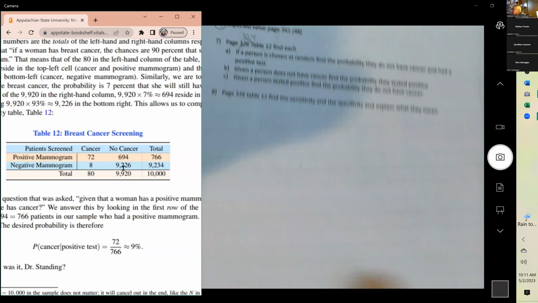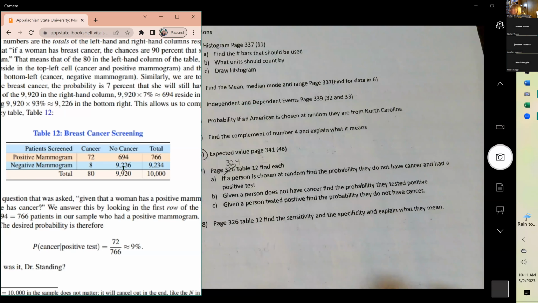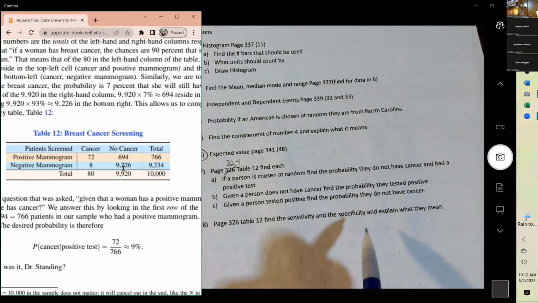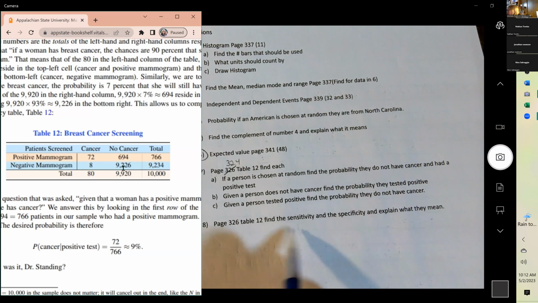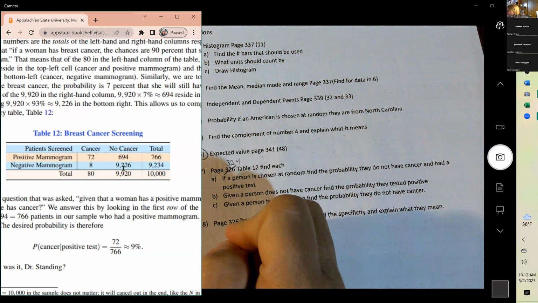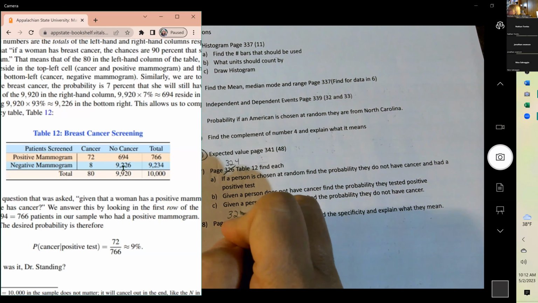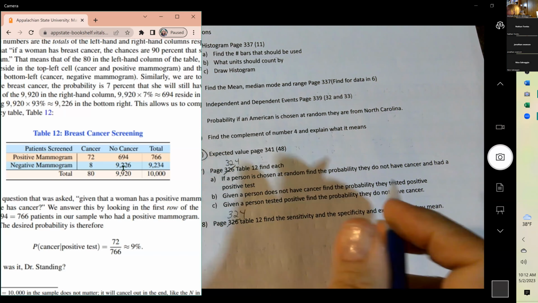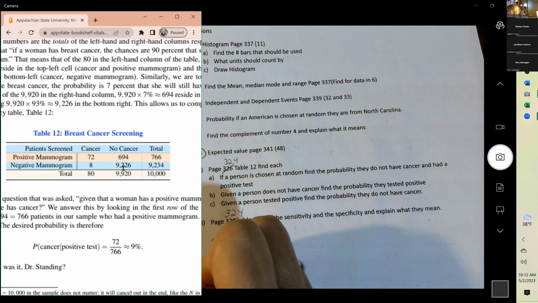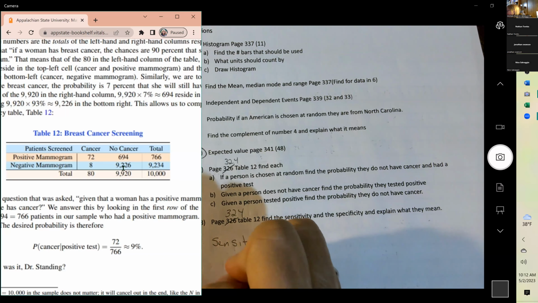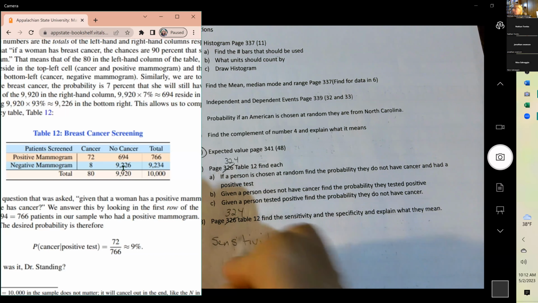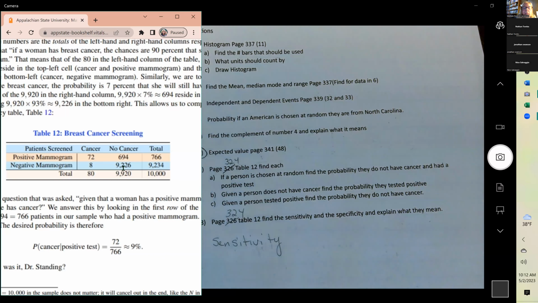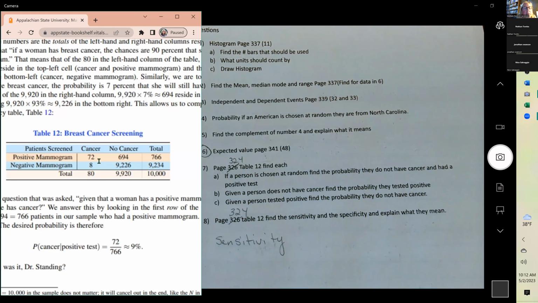Number 8. Find the sensitivity and the specificity and explain what they mean. Same problem. Sensitivity is this block right here.